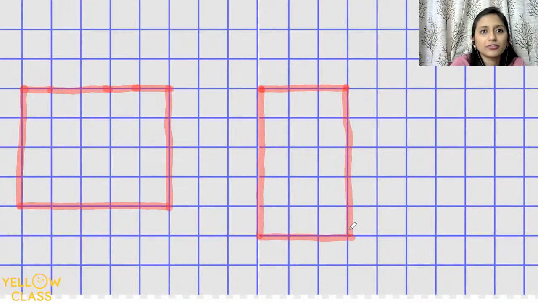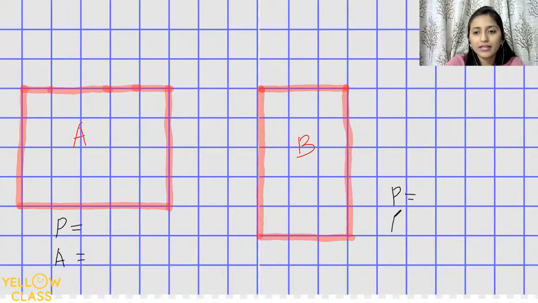Okay, now tell me for these. So this is A and this is B. So first let's write out their perimeter and then we will write their area.